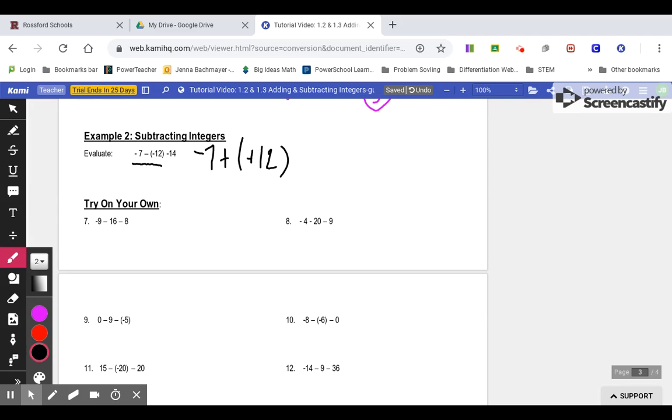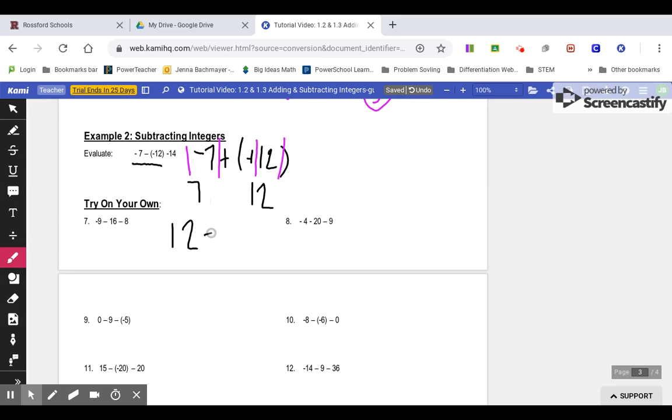I'm going to find the absolute value of -7 and +12. The absolute value of -7 is 7. The absolute value of +12 is 12. So I'm going to do 12 minus 7, and I get 5. Since 12 was positive, that 5 is going to remain positive as well.